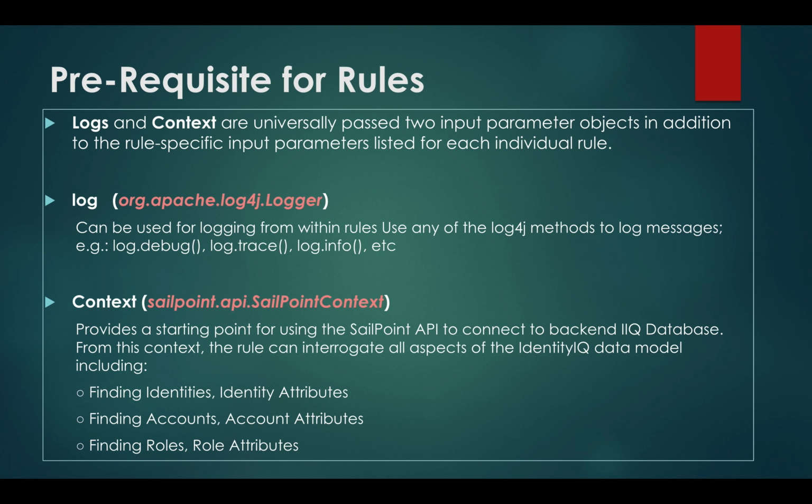For example, if I want to query any identity object, then I have to utilize the context object. Once I utilize the context object, I can use different methods present in the sailpoint.api.SailPointContext package to get the attribute values of the identity. Similarly, if I want to query any account, I can use the context object, and in the same way I can query any object present in the Identity IQ database.